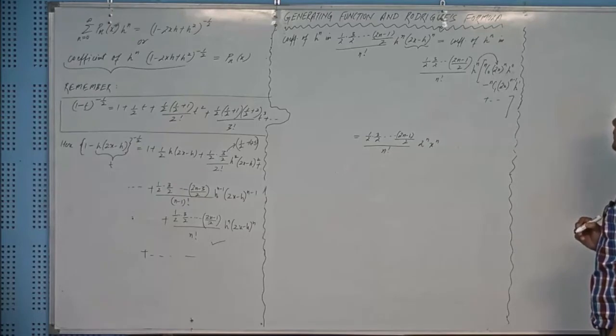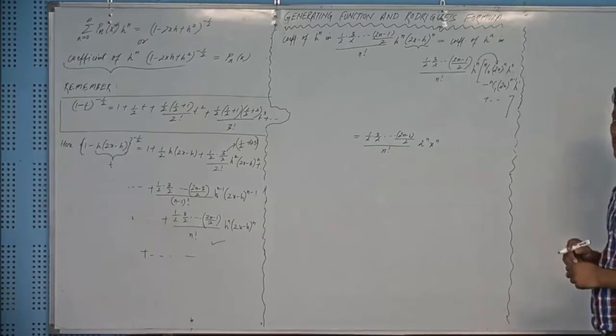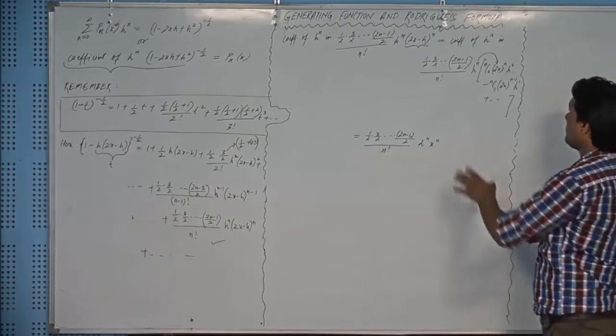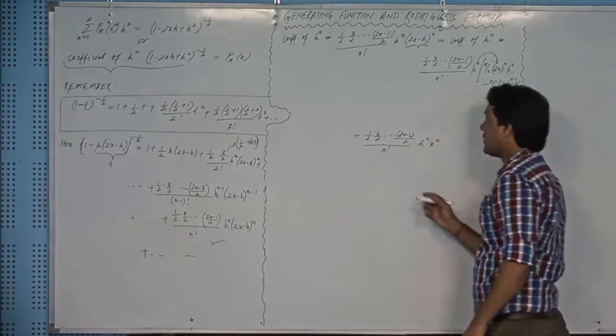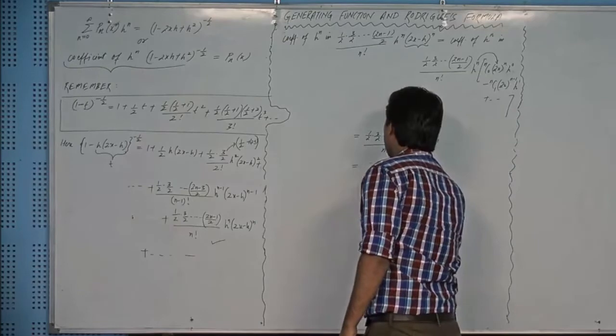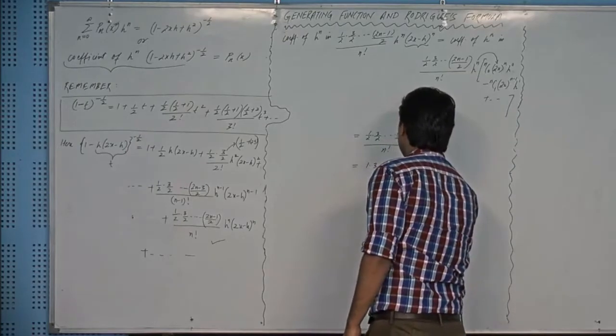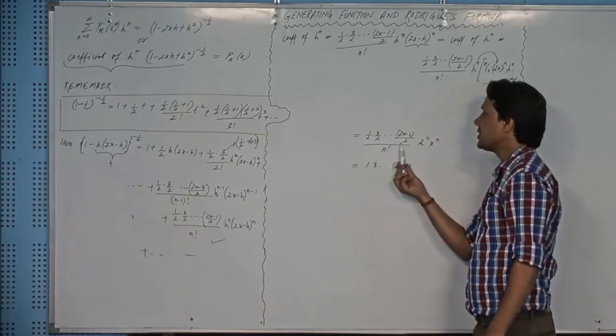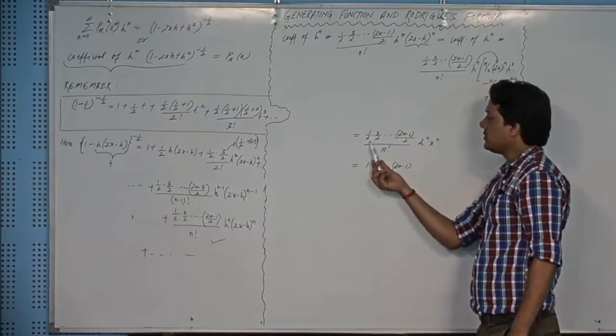So this will be your first, the coefficient of h to the power n, right? Fine. Now I can simplify it as 1, 3 up to 2n minus 1, and you can see how many 2's there are: 1, 2 up to n, 2 to the power n, right?